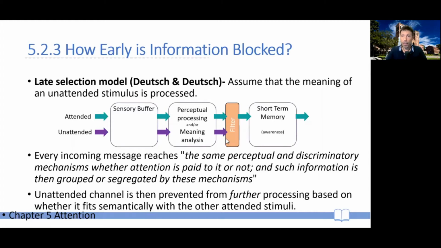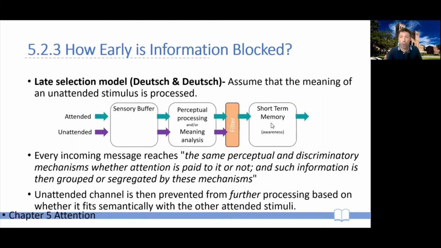The information in the unattended channel gets prevented from moving further into your short-term memory, from becoming available to your conscious awareness and for use in further processing and further thinking in creating behavioral responses. On the other hand, the attended stimuli, after they get processed just like the unattended, pass through the filter and are now available to you so that you can use them for some behavior.